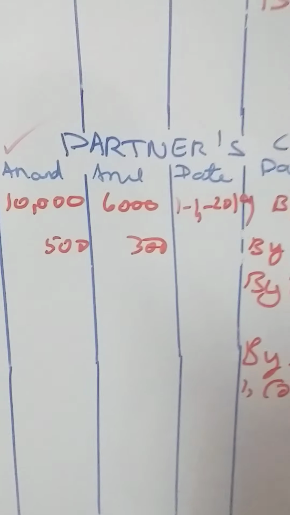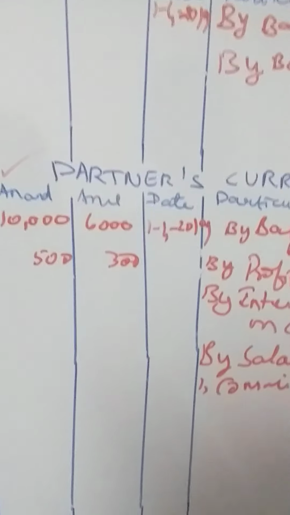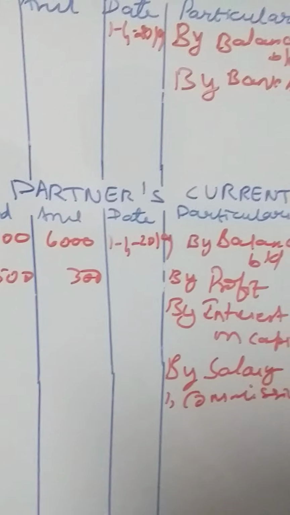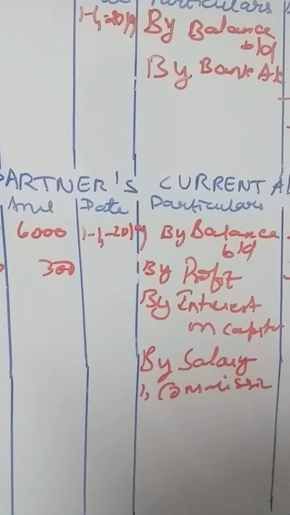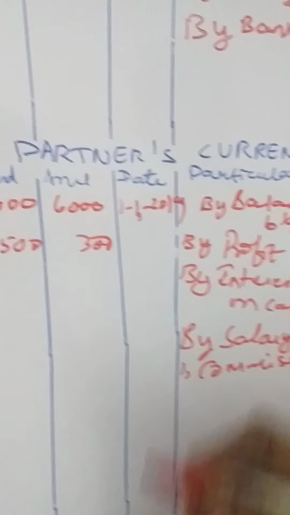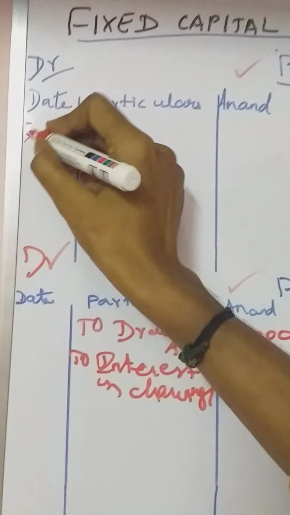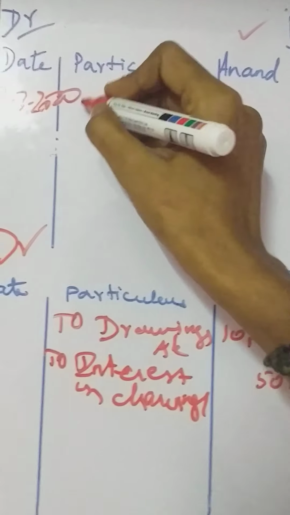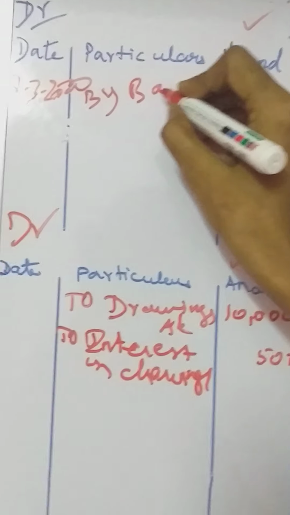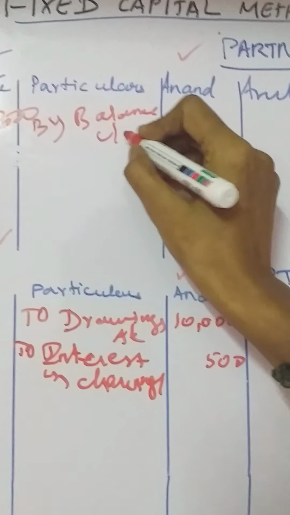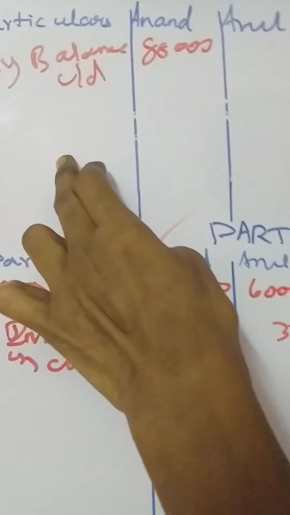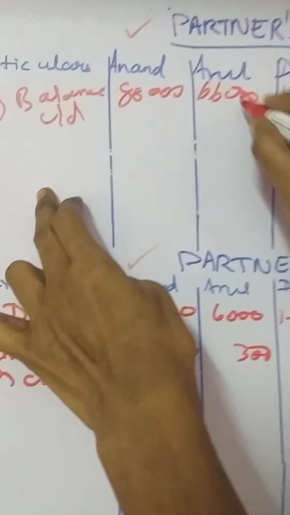Now we are going to balance the account. First, let us balance the partner's capital account. So we are going to total the credit side, 88,000 for Anand and 66,000 for Arul. Now this amount we are transferring to the debit side on 31st March 2020, by balance carry down. The amount is 88,000 for Anand and 66,000 for Arul.